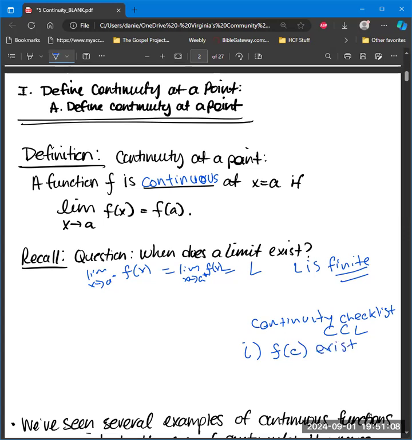So f of c exists. Roman numeral 2, the limit as x approaches c of f of x exists. Roman numeral 3 here, the limit as x approaches c of f of x is equal to f of c.